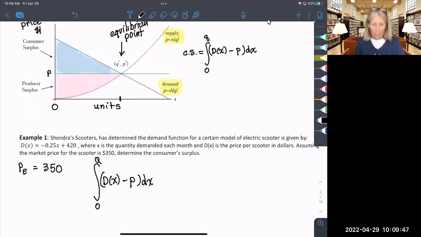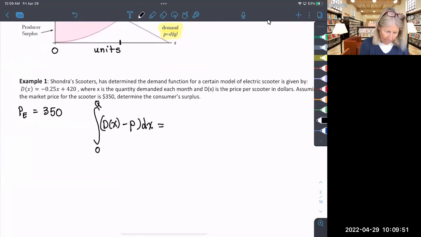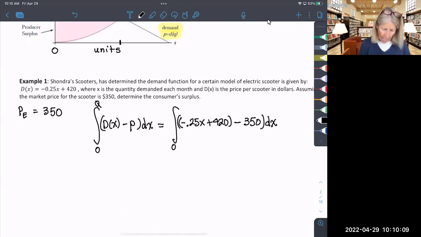Now, that's something I don't have just yet. Let me fill in what I do have. I'm going to integrate from 0 of the demand function, which is negative 0.25x plus 420, minus the price, which is the equilibrium price, 350.